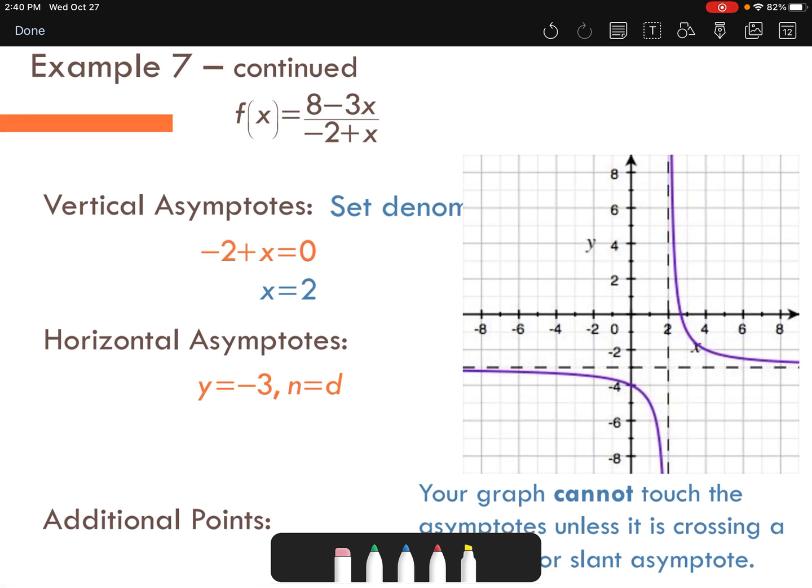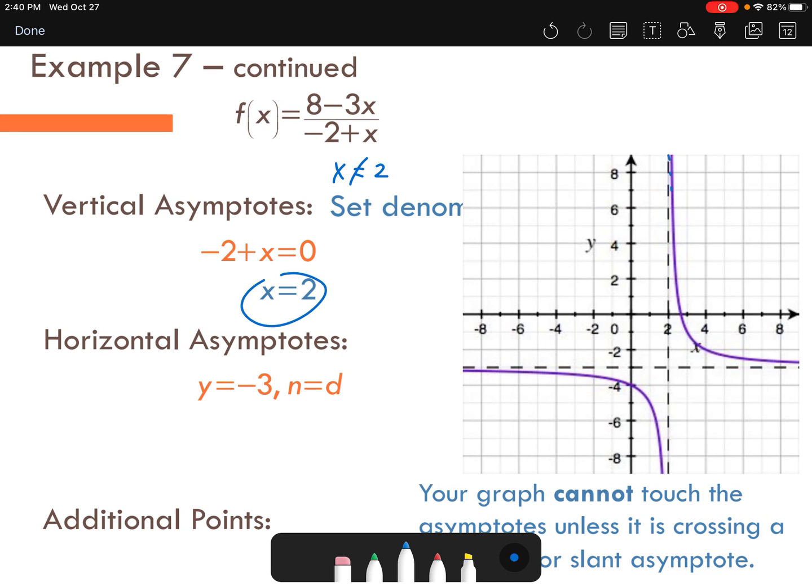Now, the next thing is vertical asymptotes. We set the denominator equal to 0. It's x equals 2, right? So that's also where our domain does not exist, because x cannot be 2.